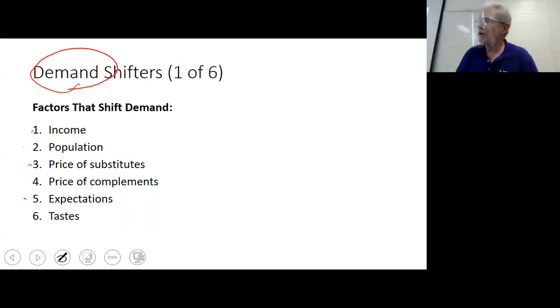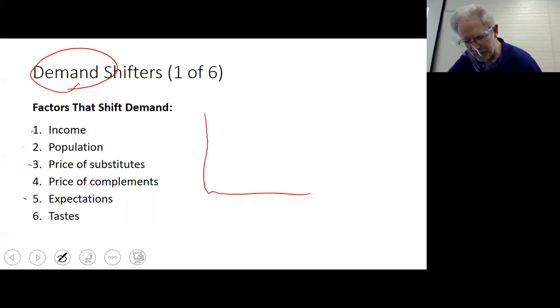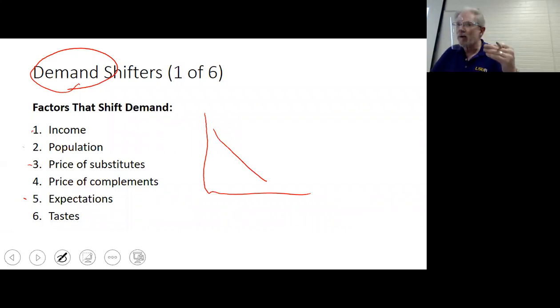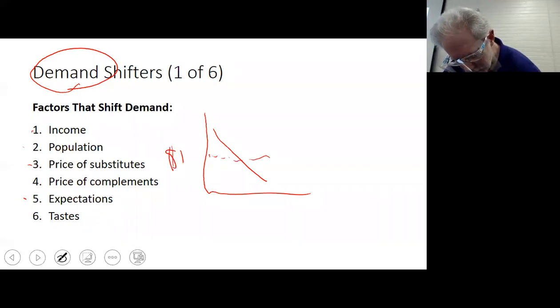If you have a car that doesn't have gas in it and you think the price is going to go from $1.50 to $3, you have an incentive to change your behavior. You want to buy more gas now, because you're starting to expect a higher price. For any given price, let's say $1.50, you want a larger quantity now than before.